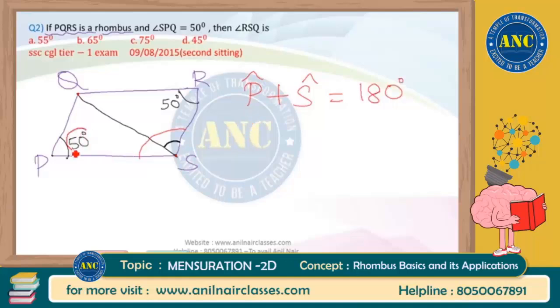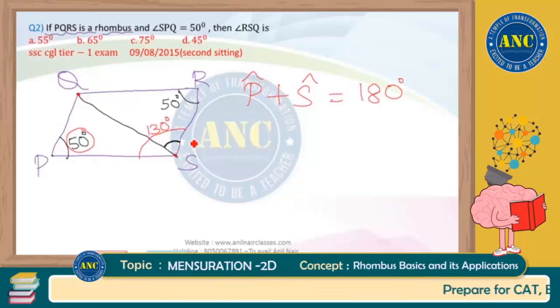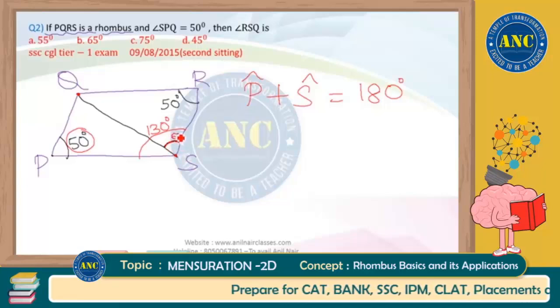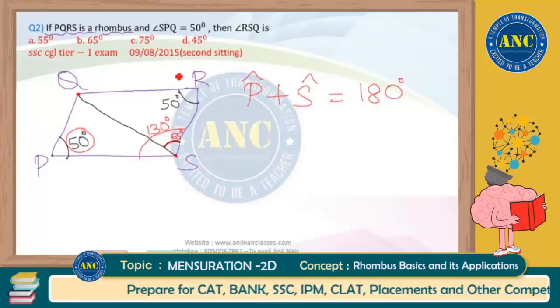Angle P is 50, that means the entire bigger angle S is 130 degrees. If this is 130 and diagonal QS will divide that 130 into 2 equal parts, this smaller angle will be 65 degrees, and that is what is asked in the question.